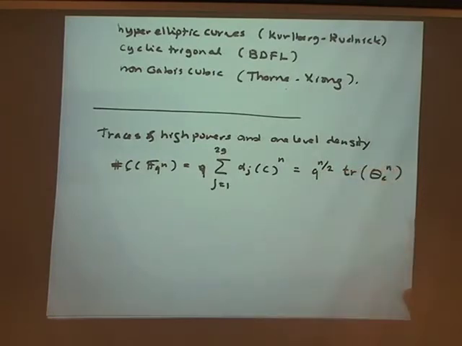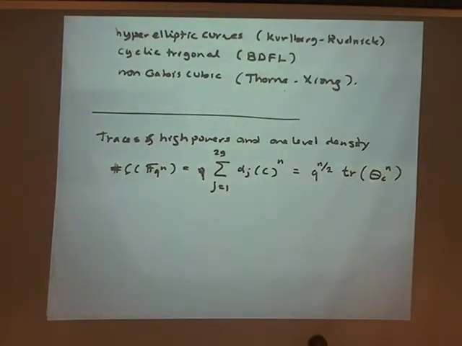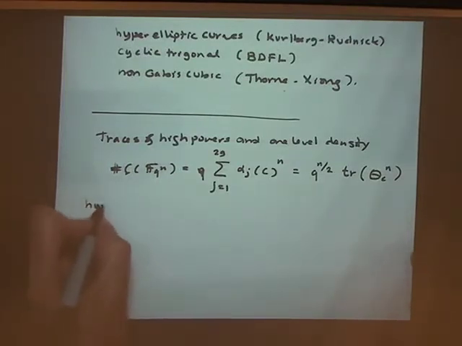It's convenient to work with the matrix. I want to evaluate those for various n. For n fixed, I can always do that. But I want to evaluate that for n not fixed, which is to say, how big can I take n with respect to the genus of my family? So let's do hyperelliptic curves, as usual.